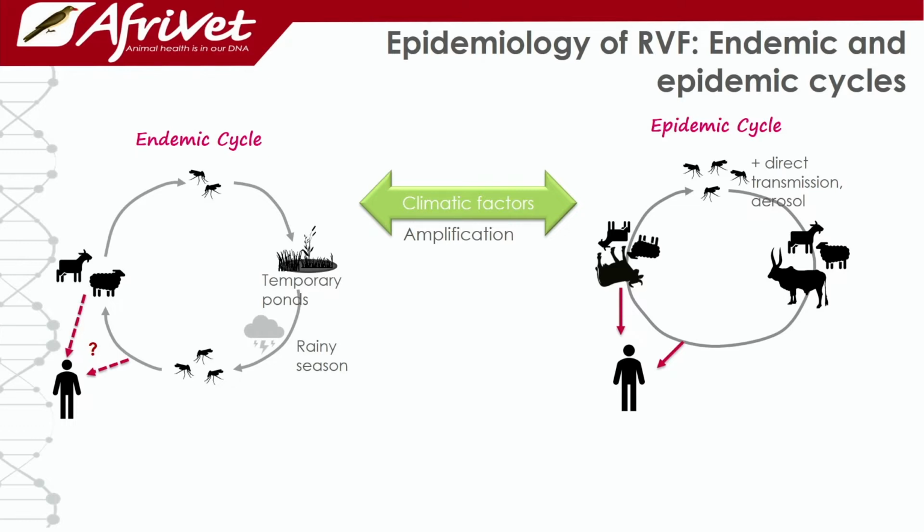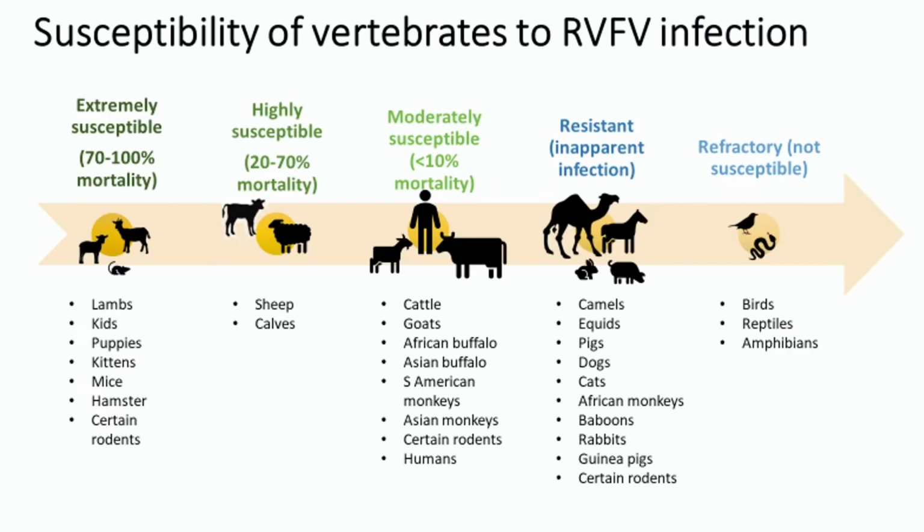So the amplification is extremely important to monitor. If you want to break this cycle or be able to prevent the occurrence of the epidemic, you need to work on being prepared for the amplification.